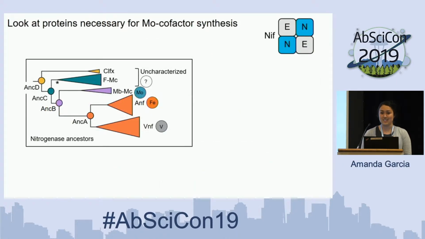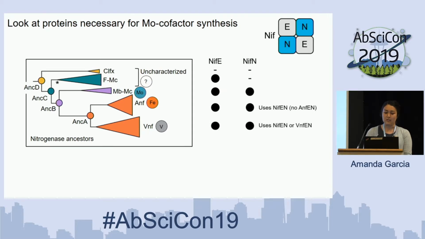All right, so the last thing we did was we were interested in the distribution of proteins that today are involved with the synthesis of the molybdenum cofactor in nitrogenase. And so these two proteins, two of the various proteins that are involved in this pathway, NIF-E and NIF-N. So we mapped their distribution on taxa that are represented in our phylogeny.